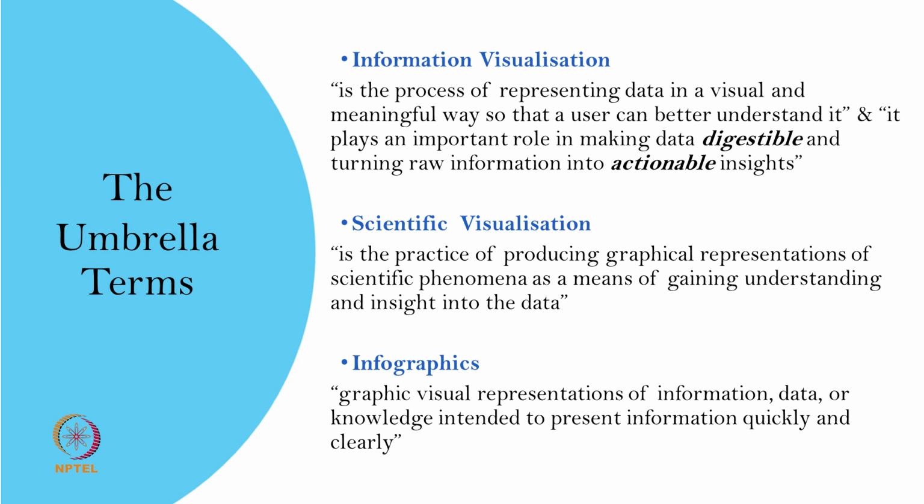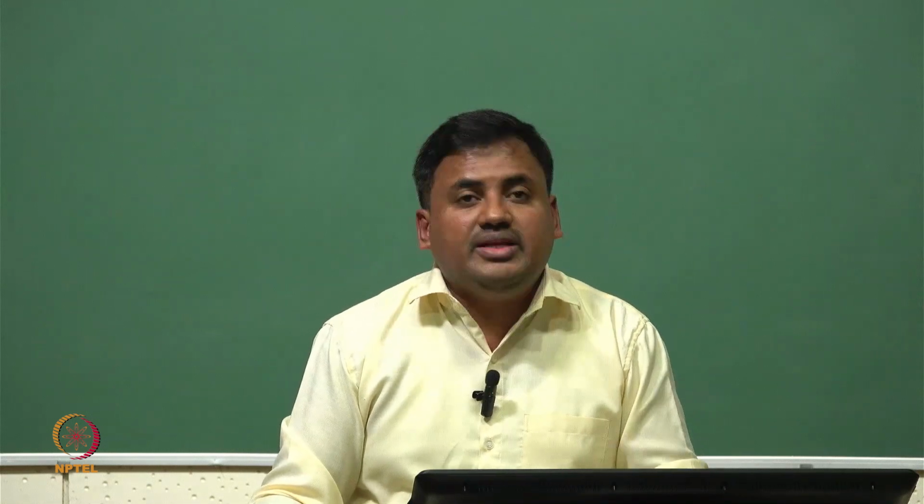Data visualization combines three umbrella terms: information visualization, scientific visualization, and visual analytics, which are the infographics. Information visualization is the process of representing the data visually and meaningfully so that the user can better understand it.